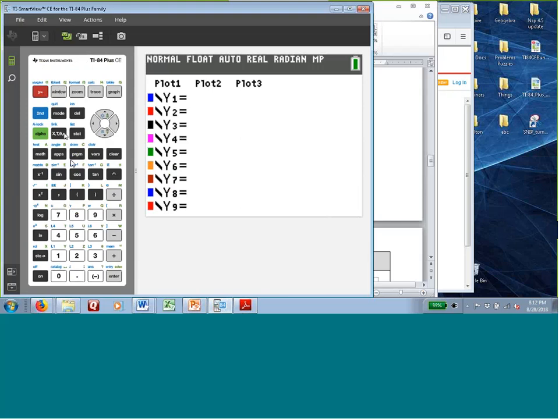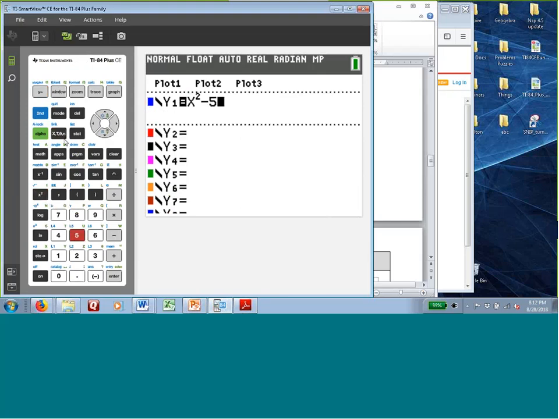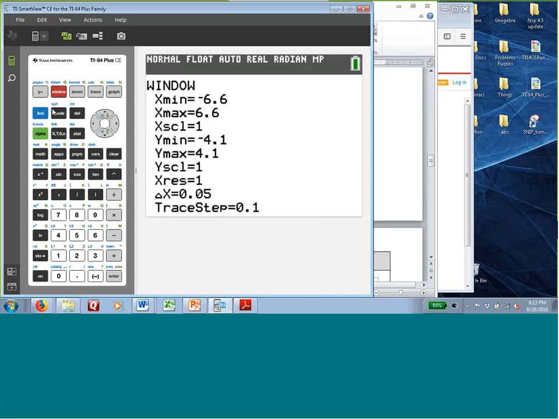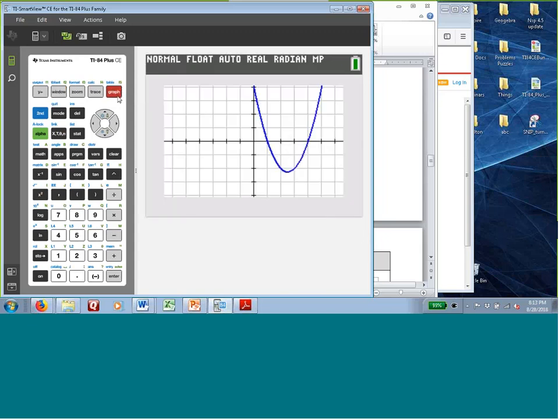So I'm going to begin with y equals x squared minus 5x plus 4, an equation that I'm sure all of us can sit here and graph. I'm already in my Zoom decimal window. Let's see if I have my grid lines on. I do. And the first question I would ask students is, what questions could be asked about this graph?